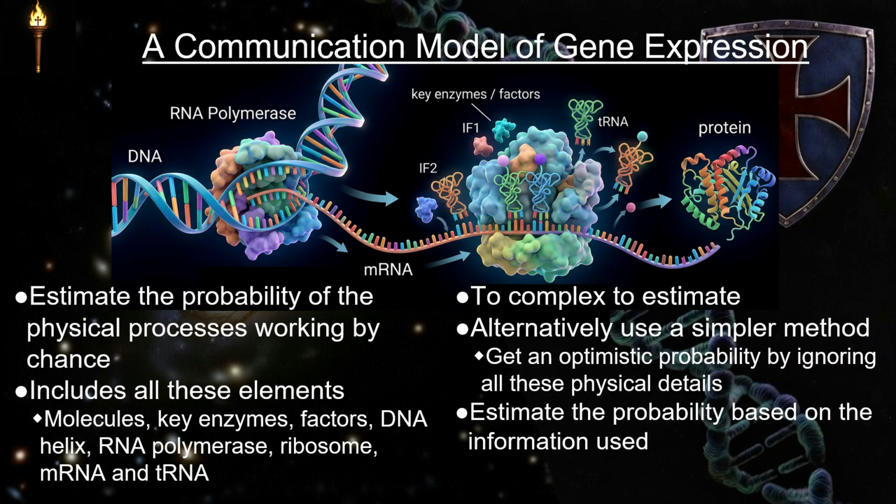We're going to estimate the probability based on the information used. Now that probability is going to be rather optimistic, but we'll see that it doesn't really matter, in the sense that the optimistic probability is going to be very, very small.